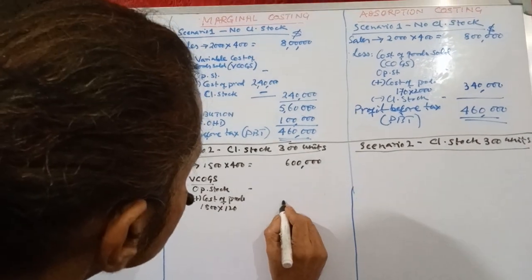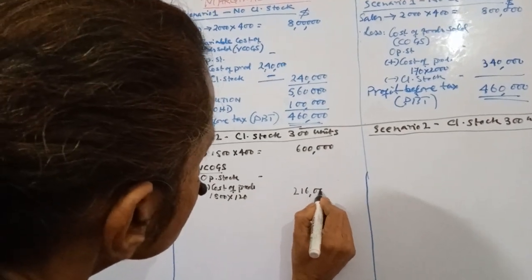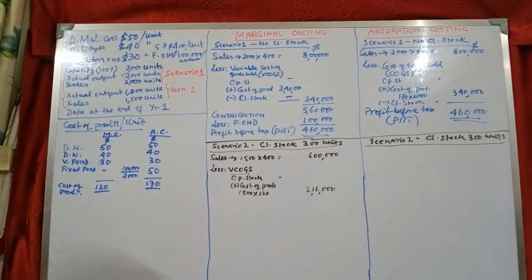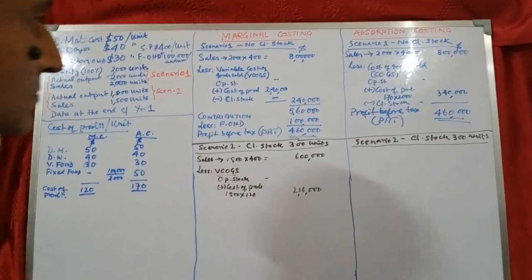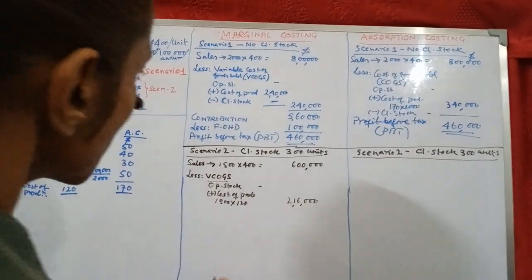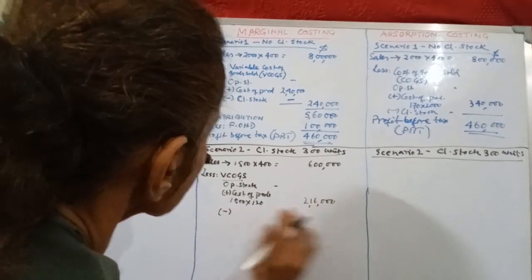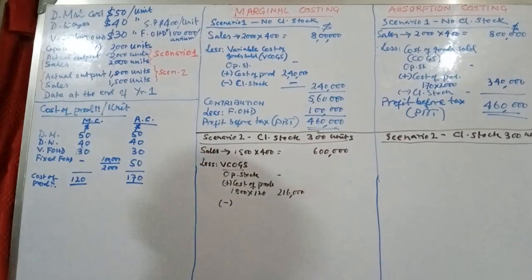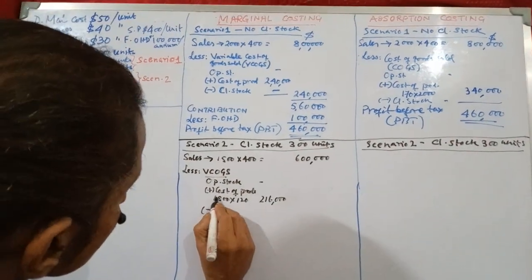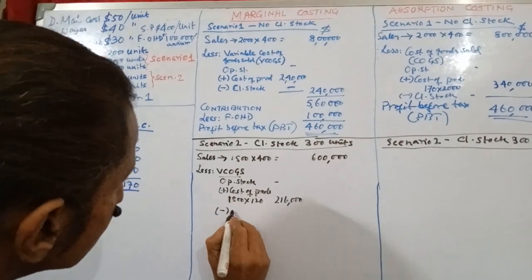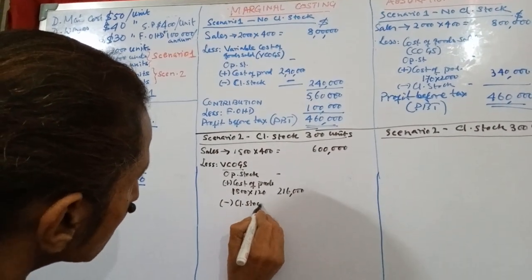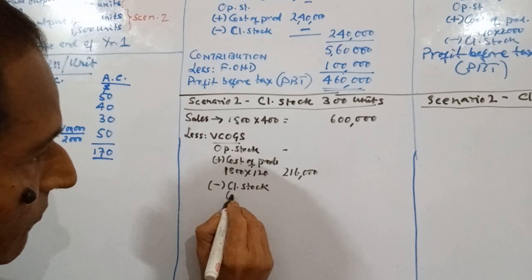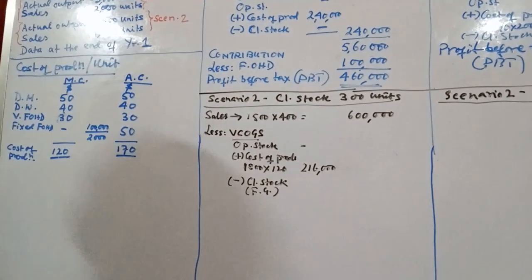So this is 216,000. Correct? Minus closing stock of finished goods.